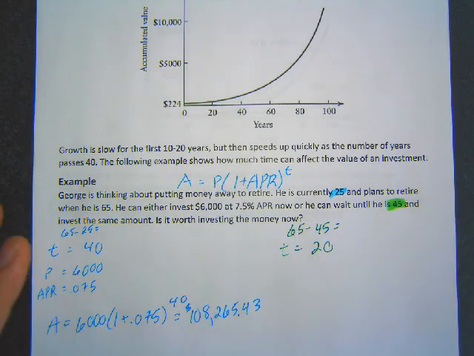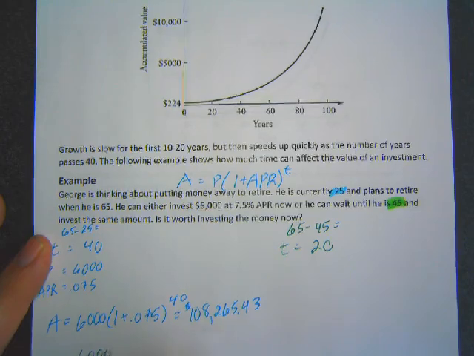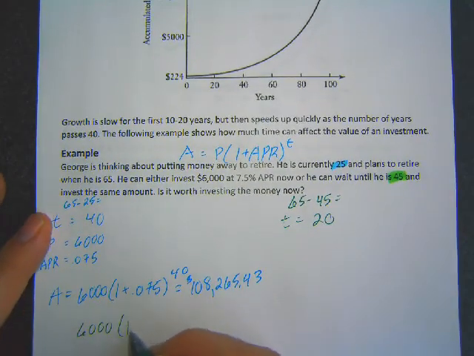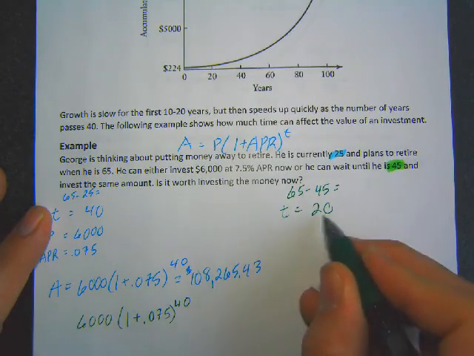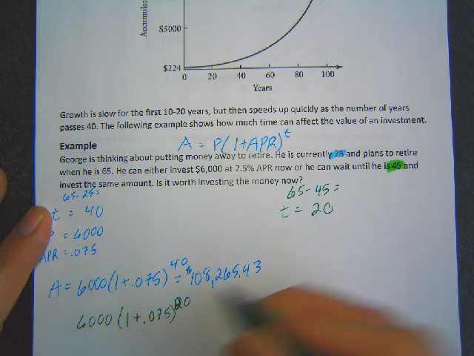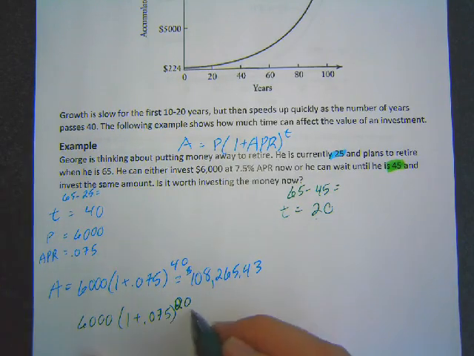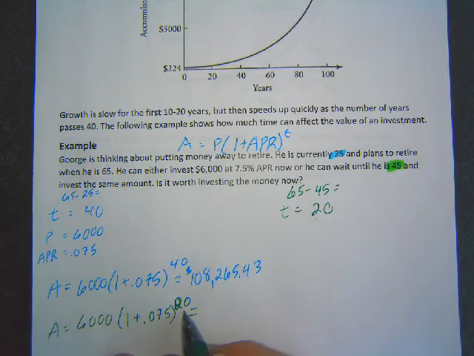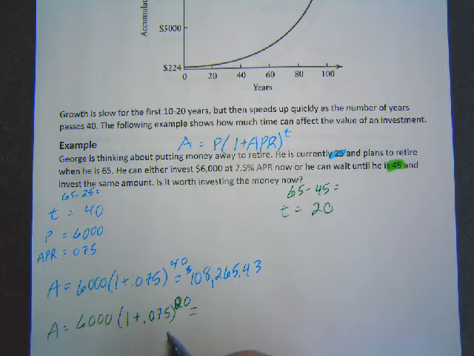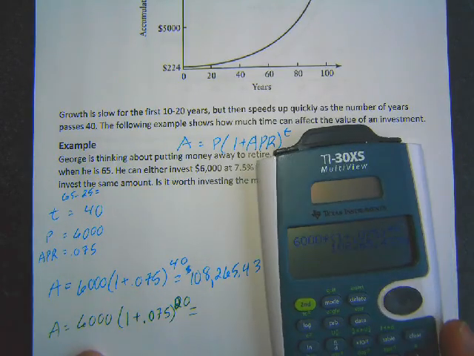So it's the same equation, still 6,000 times 1 plus 0.075, but to the 20th power, because our time is different. That'll give us his amount. The big difference is that instead of doing it now and having 40 years for it to grow, he's going to do it later, so it's only going to have 20 years to grow.